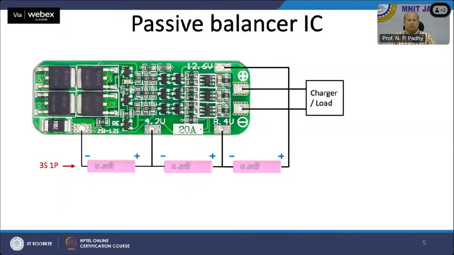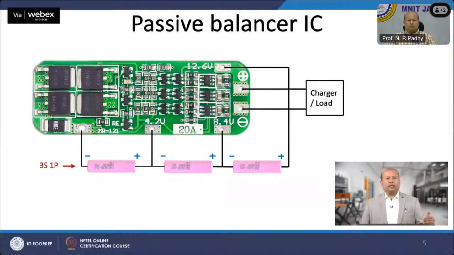A DC power supply is used to charge the battery and a rheostat of 20 ohms for discharging operations. You can see the passive balancer IC. The connection diagram consists of 3 positive connections from the battery and 1 negative terminal connection, and a pair of positive and negative is provided for the external connection, which is for the charging and discharging connections.